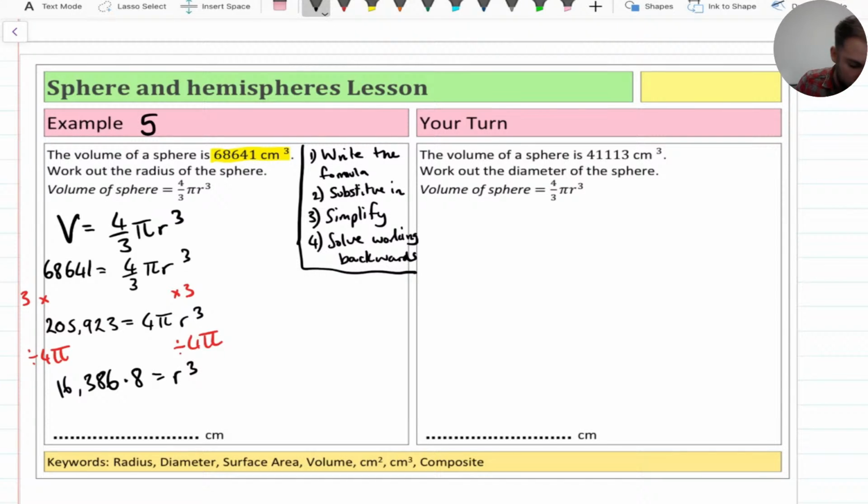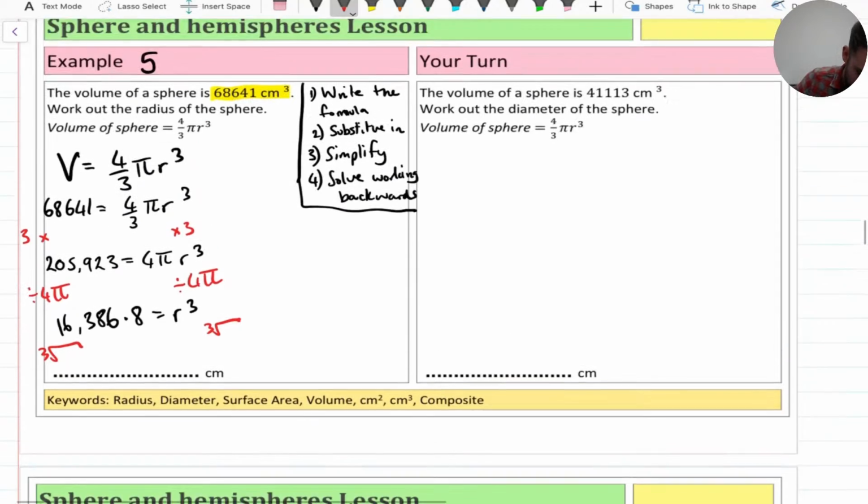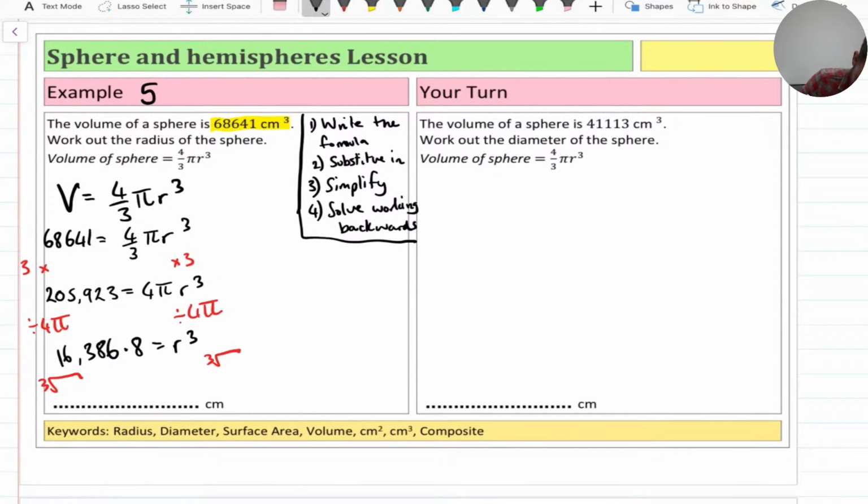And the last little part of this, I need to get rid of that cube. Now I get rid of a cube by cube rooting both sides. So r is equal to the cube root of the answer, which I get 25.3998.